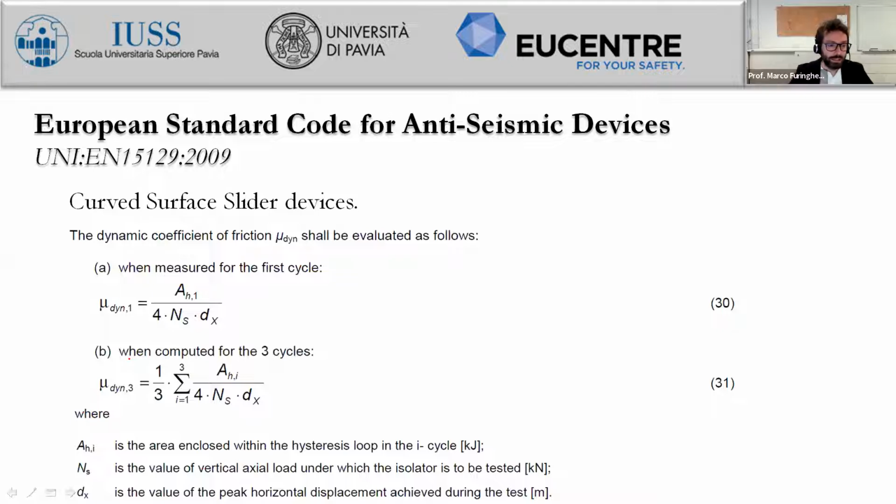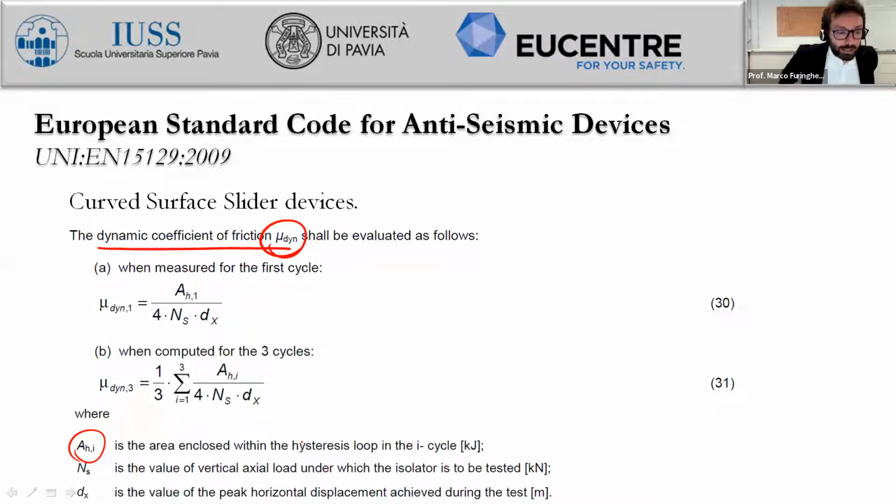And then this is an important parameter for curved surface slider, which is the dynamic friction coefficient, which is computed according to these expressions. AHI is the area enclosed within the hysteresis loop at the ith cycle in kilojoule.